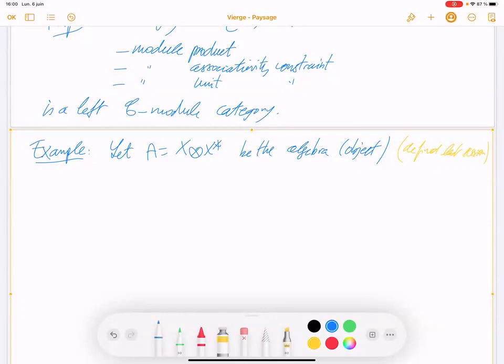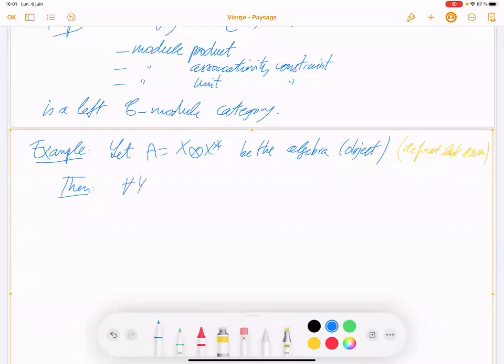Then in this specific case, we can provide another construction.